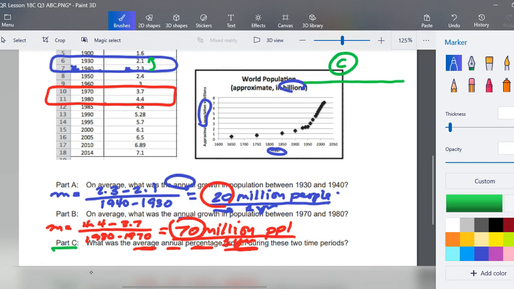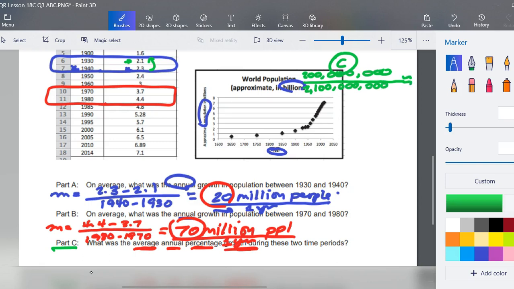I'm getting 0.2 billion, and if I multiply by my 9 zeros, I'm going to get 200 million. In the denominator, I need to put my beginning number, which is 2.1 with the 9 zeros.